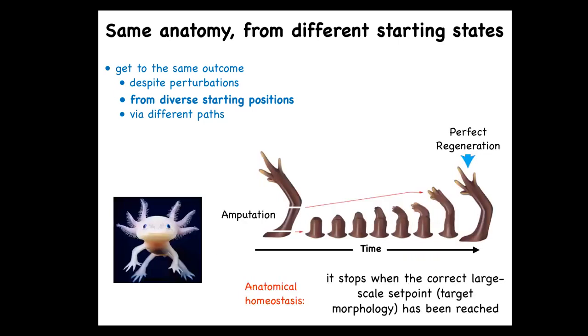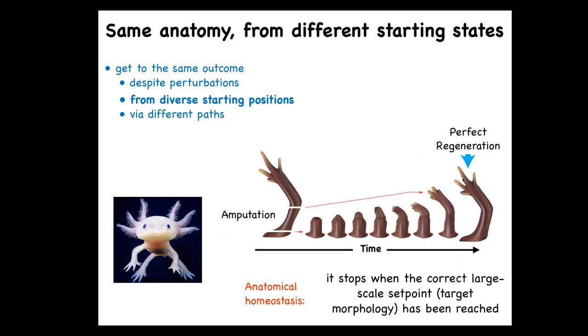This is not just for embryos. Some animals do this throughout their lifespan. So this salamander here can regenerate their eyes, their jaws, their tails, their limbs, and so on. And so if you amputate anywhere along here, the system will do exactly what's needed. In other words, grow and undergo morphogenesis, and then they stop.